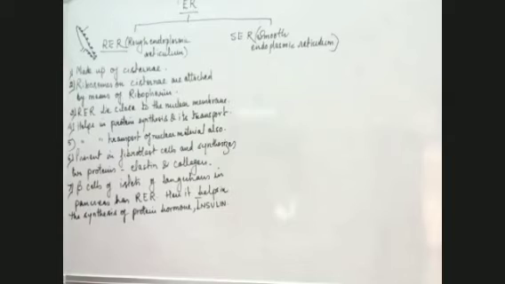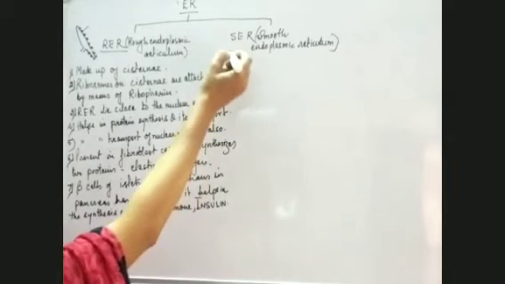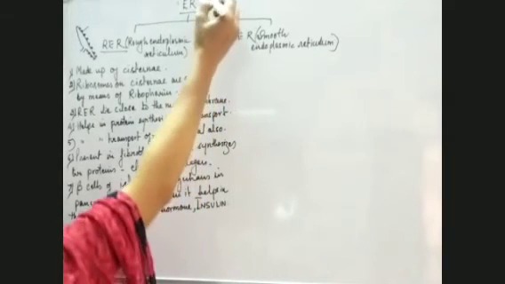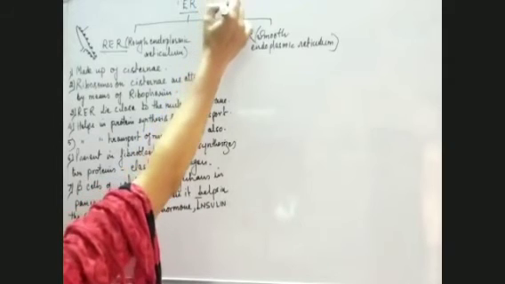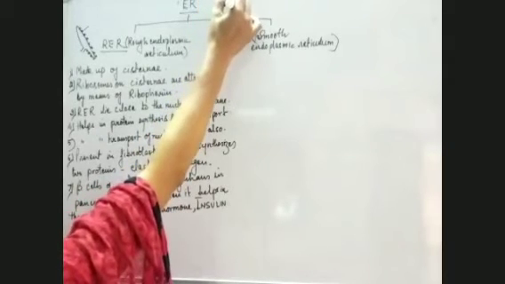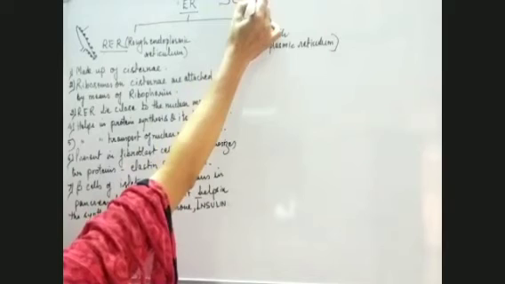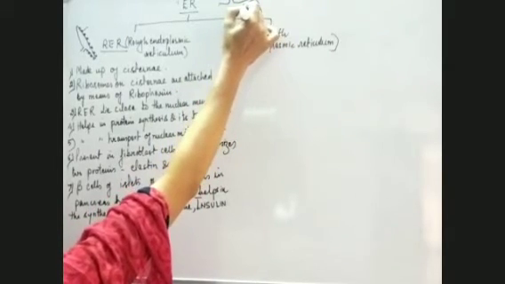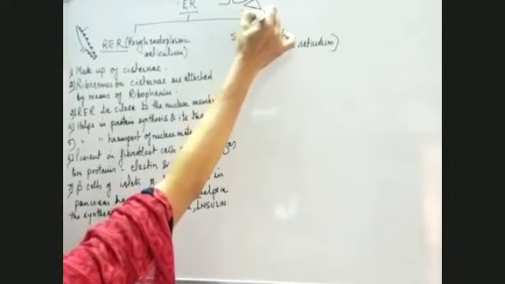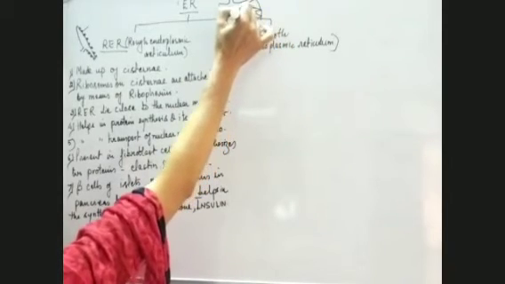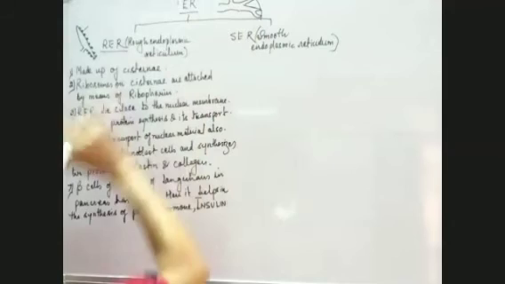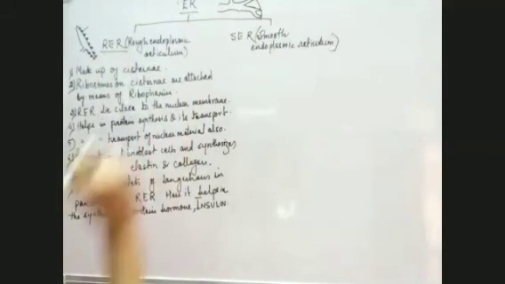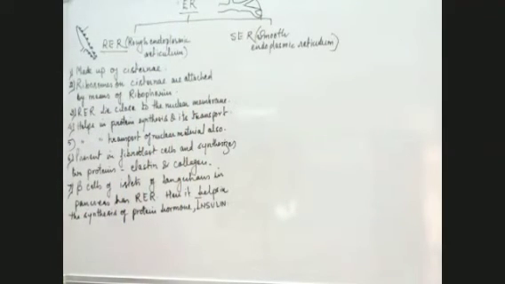Why are these known as smooth endoplasmic reticulum? These are known as smooth endoplasmic reticulum because they are made up of tubules. If you remember, we made tubules like this, connected to the plasma membrane, and there were no ribosomes on it, no bead-like structures.